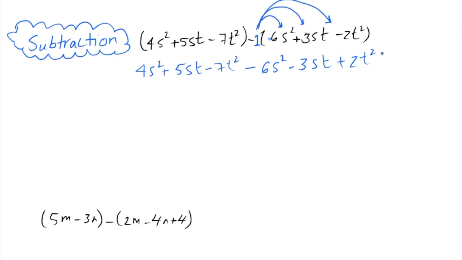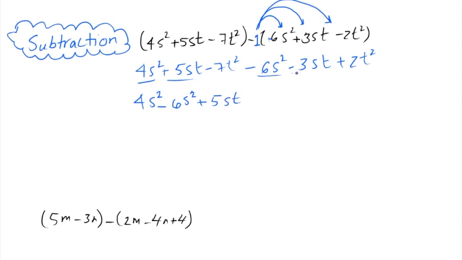Now let's collect the like terms. Is there anything like the 4s squared? Any term that has s to the power of 2? Yes, there is this one. So we're going to write it next to it, just for clarity. It is very important to write neatly in math because a lot of errors are due to messy writing. I'm speaking from experience, unfortunately.